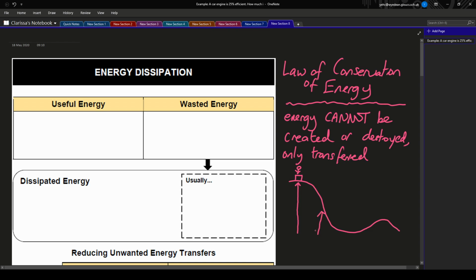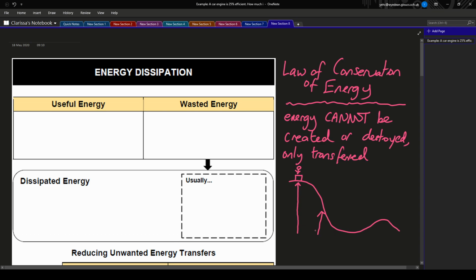Well, that gravitational potential energy hasn't disappeared. It hasn't just gone into nothing. It's changed form into things like kinetic energy, heat energy between the roller coaster and the tracks, or sound energy.